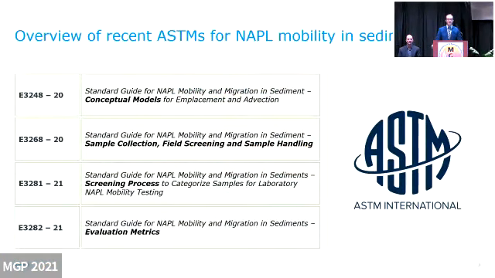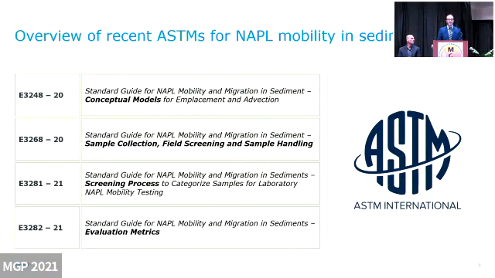So, overview of some of the ASTM standards related to NAPL mobility and sediment. The first one that was published was 3248, related to conceptual site model development. And this has a lot of good content, as Mike described, about the differences between the upland settings and the sediment settings for NAPL mobility and how it may have gotten into the sediment and how that affects how NAPL may then migrate out of the sediment.